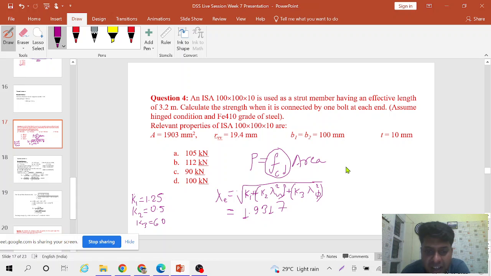So Shivam, are you getting the value of lambda e equal to 1.9317? Yes, sir. Okay, so now lambda phi we have already calculated. Now we have to calculate the value of phi. 2.75. Yes.